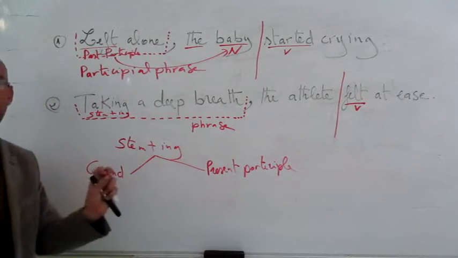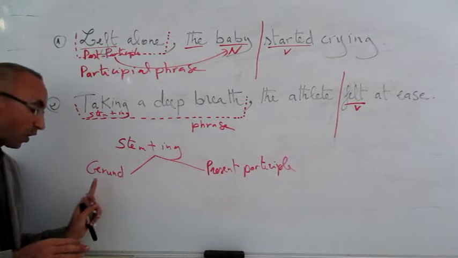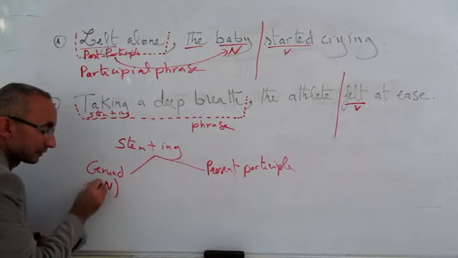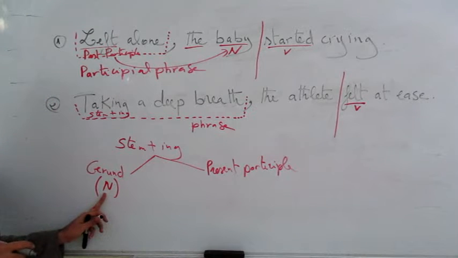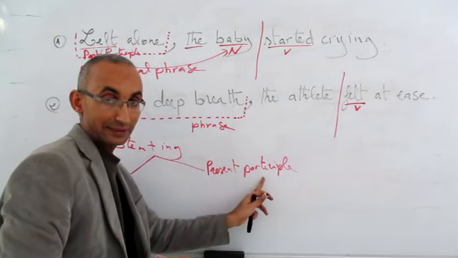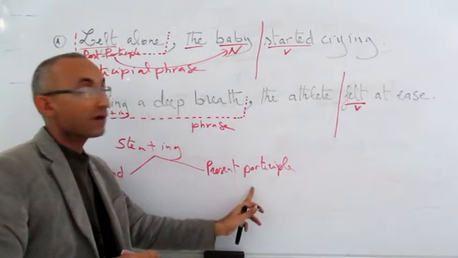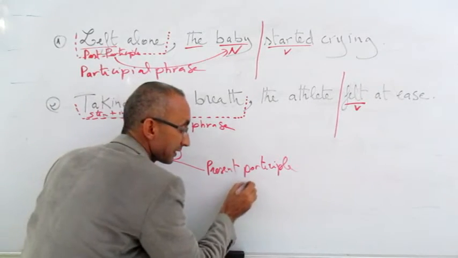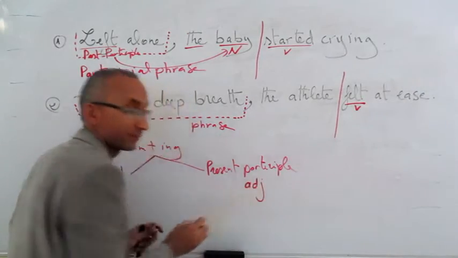It's very simple and easy. The gerund always acts as a noun. Clear? It can be a subject, an object, indirect object, and so on. Whereas the present participle has the same function as the past participle. It acts always as an adjective.